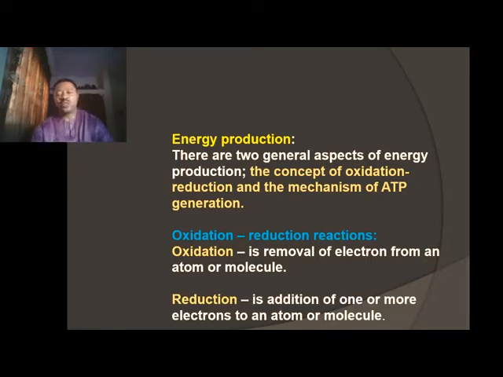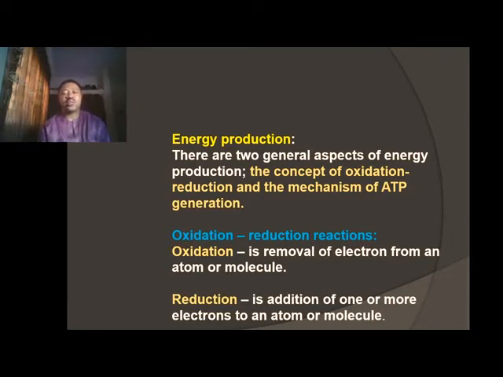Oxidation reduction reactions, as the name implies, are reactions that involve oxidation coupled with reduction. But what is oxidation? Our rudimentary chemistry makes us know that oxidation is the removal of electrons from an atom or molecule.